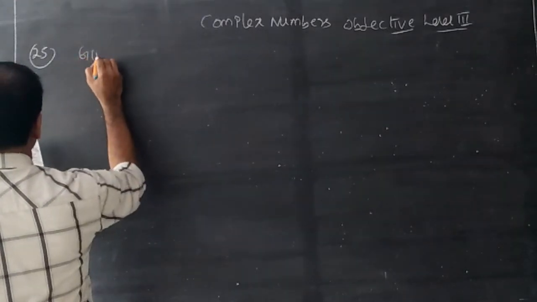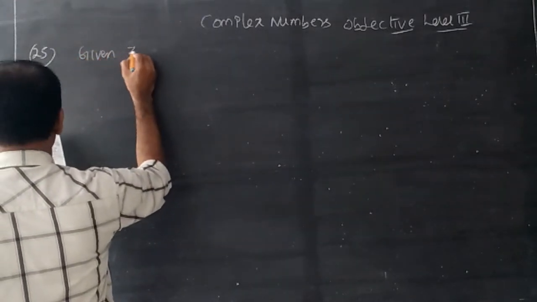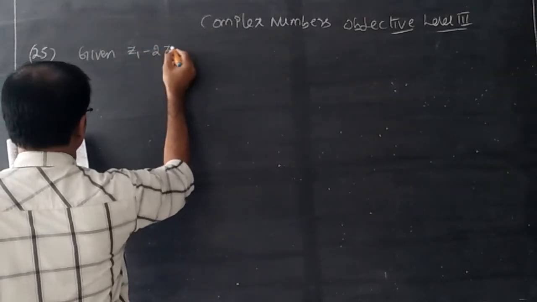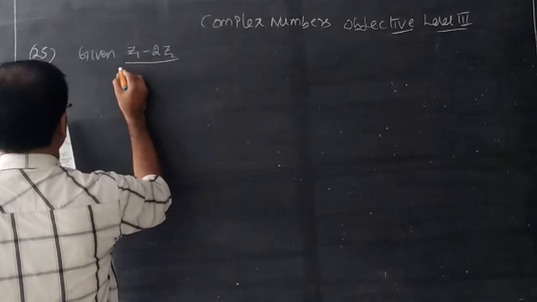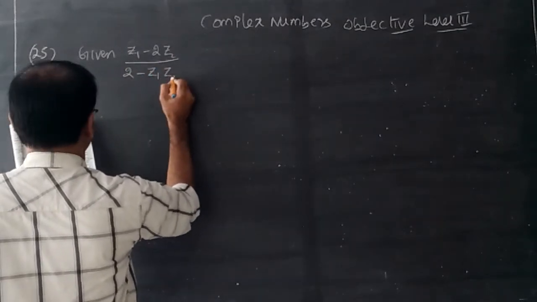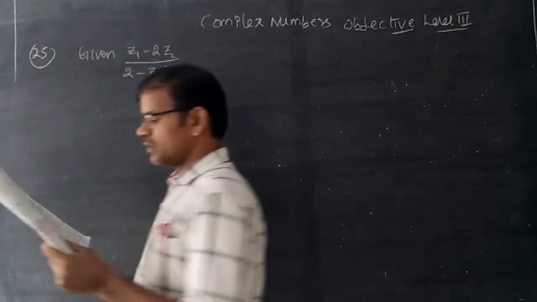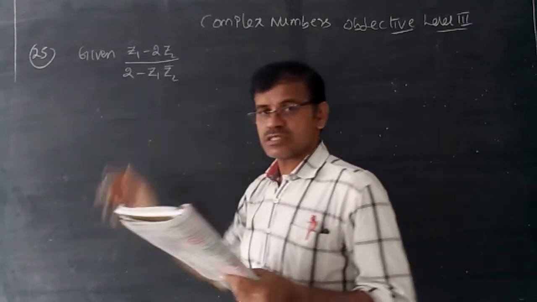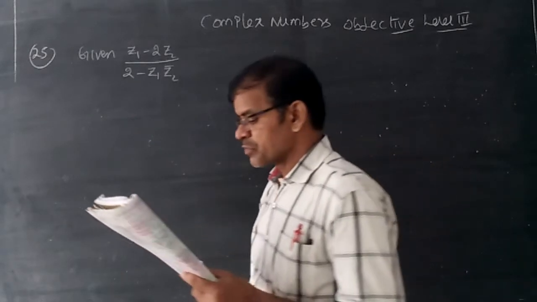Given Z1 minus 2Z2 by 2 minus Z1 Z2 bar. Here the bar is not there in our material. We correct that the bar is there. Print mistake.